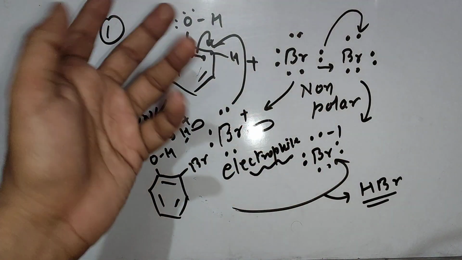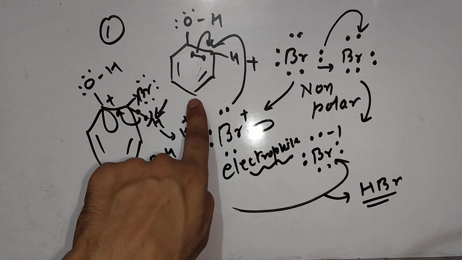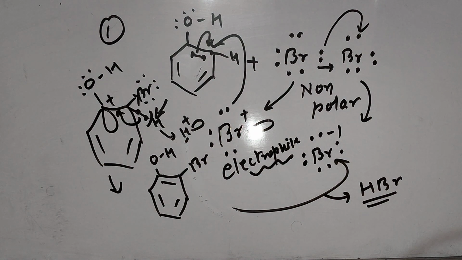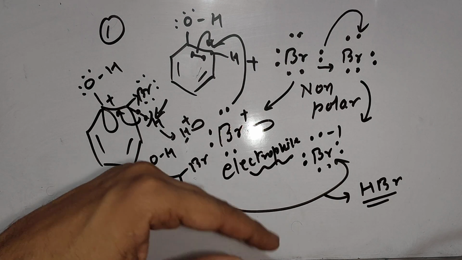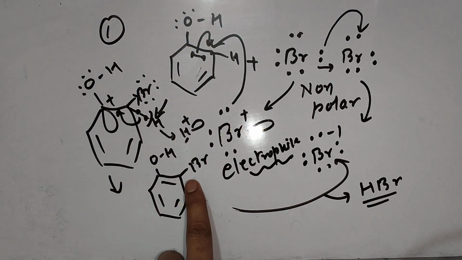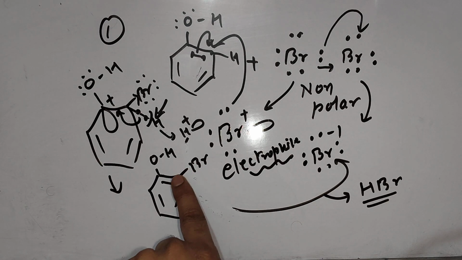Similarly, with another molecule of phenol, you will attack on the para position with another molecule of bromine. So parabromophenol will generate. Mechanism is same. And what is the difference? Here tri-substitution will not happen. Only one bromine you need to add on the benzene ring, either on the ortho position or on the para position.